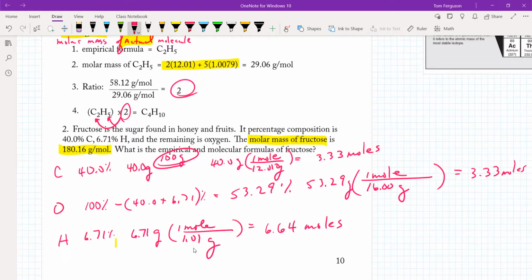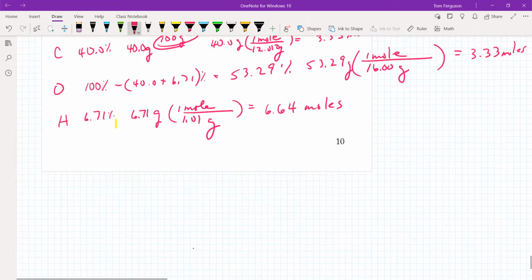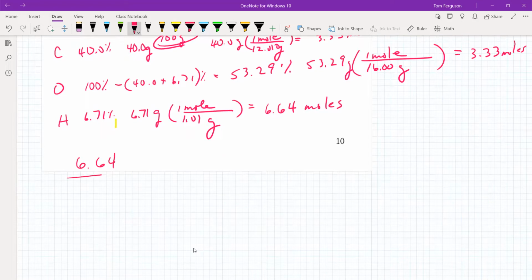Step number two is we divide the large by the small, and we notice that the carbon and oxygen are both 3.33 moles. We're going to take, and this is under the 1.99.